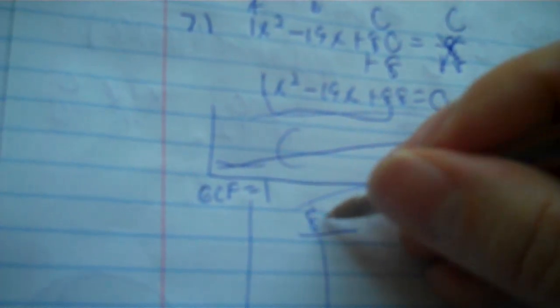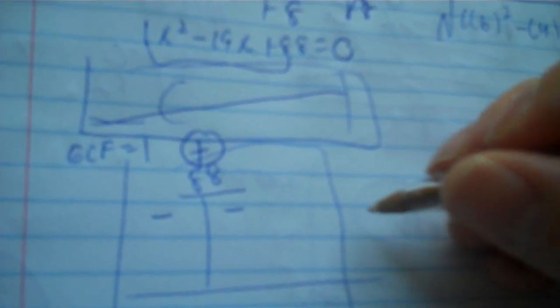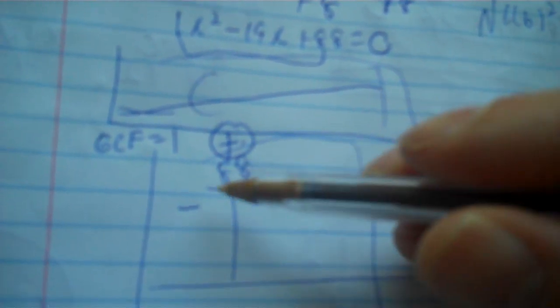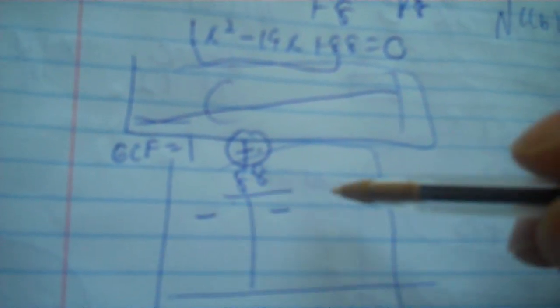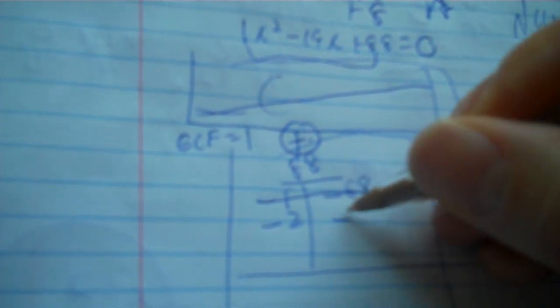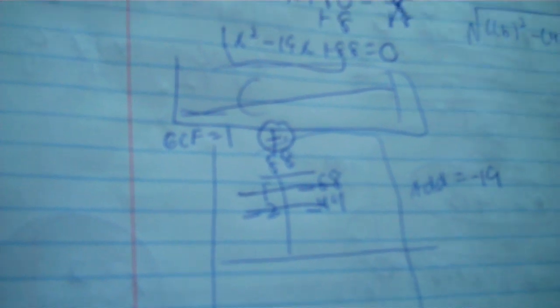1 times 88 is positive 88, so we got a positive, so put the signs the same. If it's negative up there, you do positive, negative. If it's positive, do negative, negative. You can switch them to positive, positive later if you have to. Add to negative 19. Well, it wouldn't be 1 and 88. Divide by 2, you get 44. Well, that's not it.